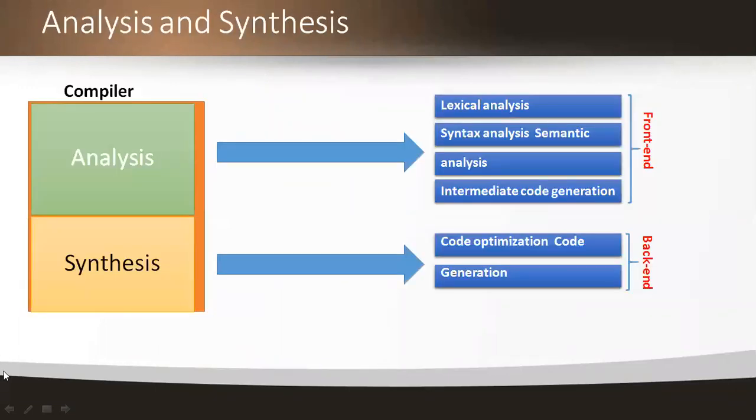Now, going into detail about what the analysis part is and what the synthesis part is, we have a structure for that. See the structure that I shared in the slide. Today's concept is about the parts of compilers. A compiler can broadly be divided into two parts: analysis and synthesis.